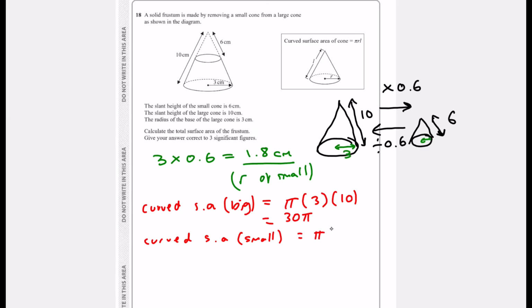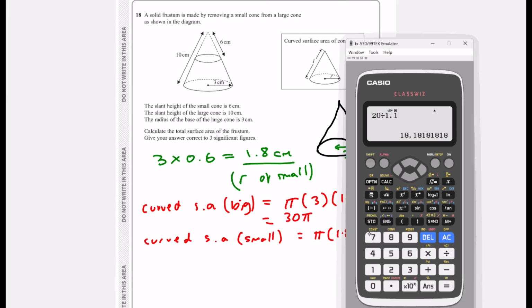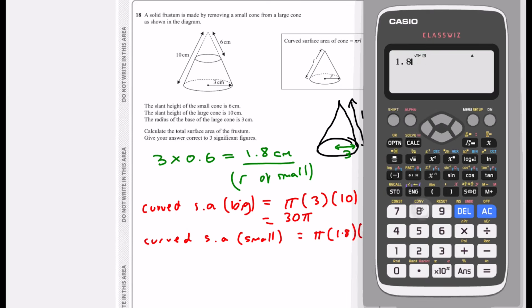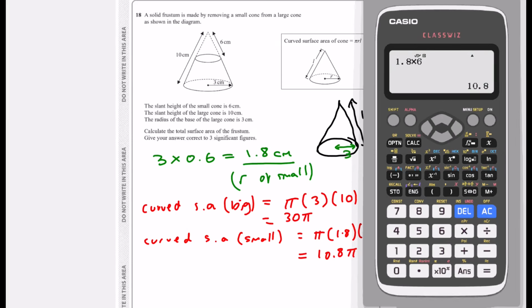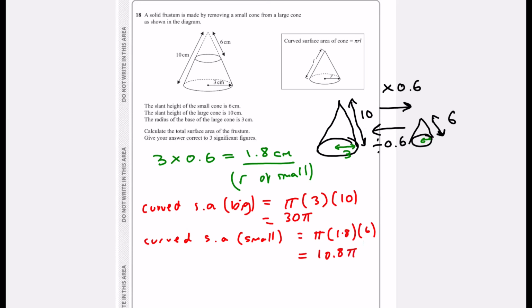So pi times 1.8 times 6 this time. So 10.8 pi. So 30 pi, take away 10.8 pi is 19.2 pi.